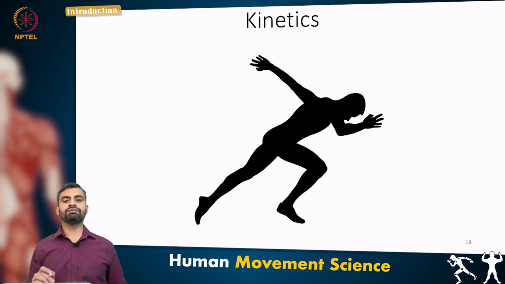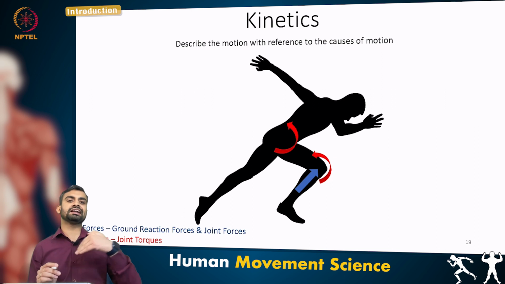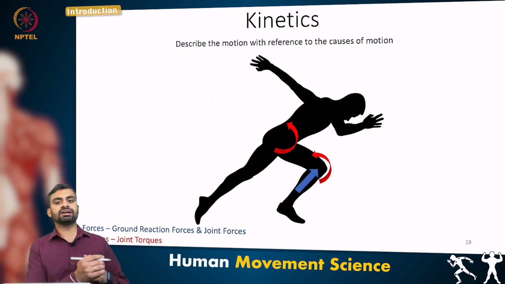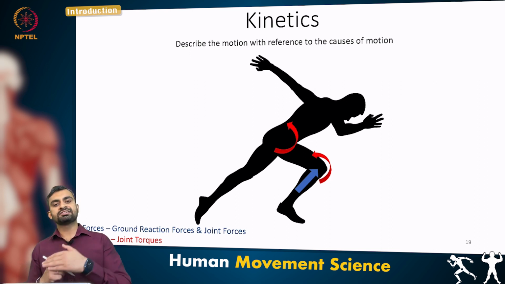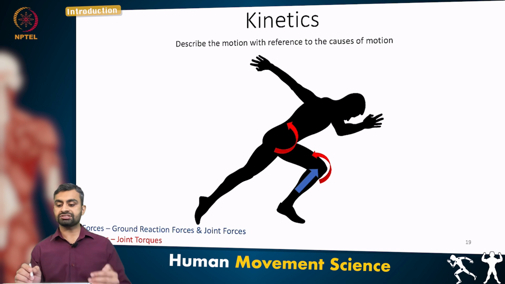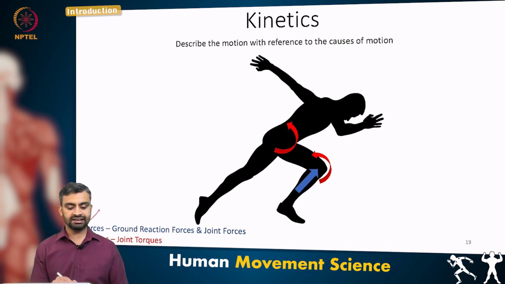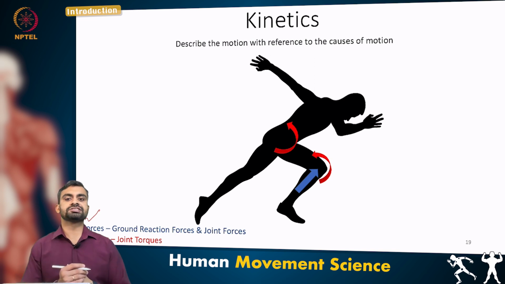Similarly, kinetics is the description of motion with reference to the cause of motion. In kinematics, we looked at motion without reference to the cause of motion, but in kinetics, we look at the description of motion with reference to the cause of motion. The causes of motion are nothing but forces and torques. Forces include ground reaction forces and joint forces.